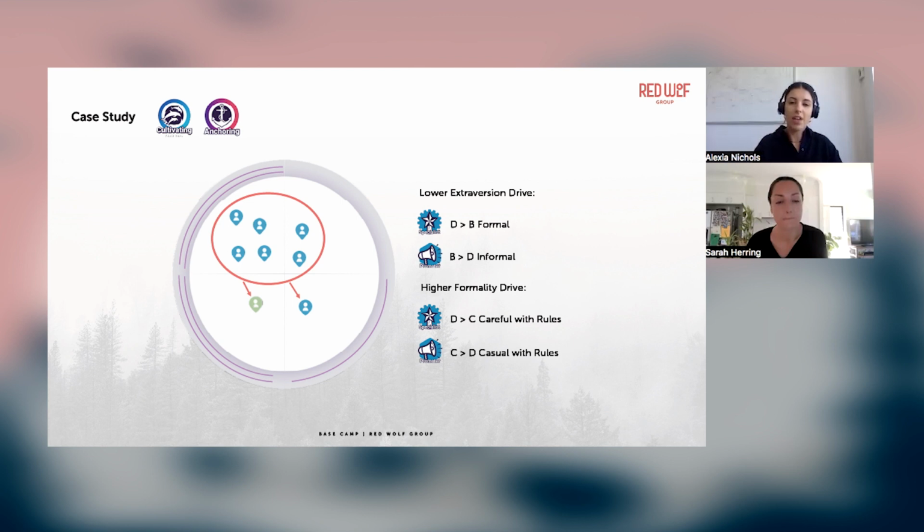So whenever we have team members who sit outside of the majority of the team formation, they most definitely can act as a balancer, because they're going to help fill in gap areas where the rest of the team may need a bit more awareness in terms of being able to flex on that behavior. So these two team members will become your balancers, and they're going to help with a couple of key areas in terms of the objectives that need to be met.